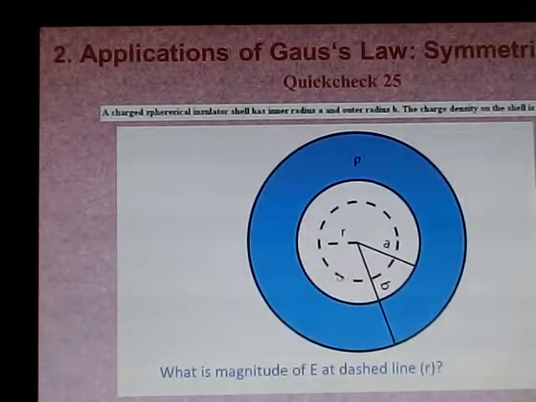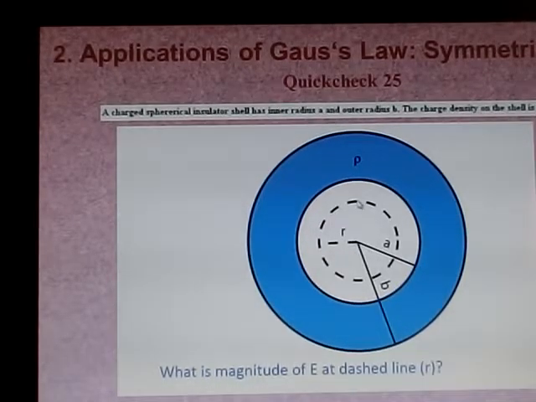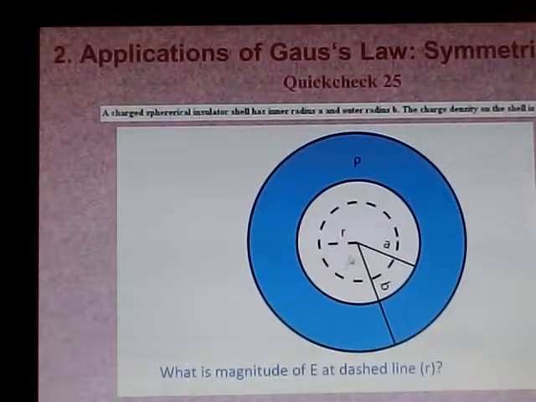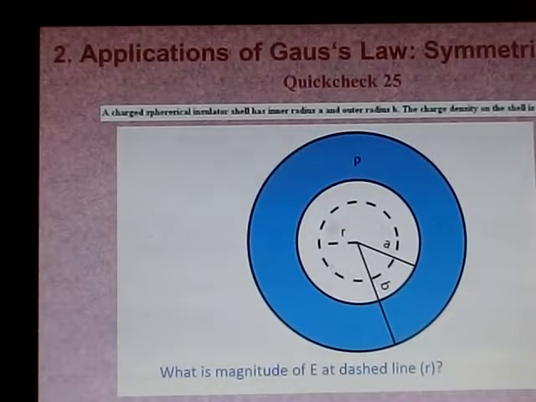So the dashed line then has no charge inside it. There is no charge enclosed. The influence of the electric field coming from rho gets in and out. The field lines from any point will get in and out. So the total charge enclosed inside the dashed line is 0, and for that reason the electric field in there is 0.